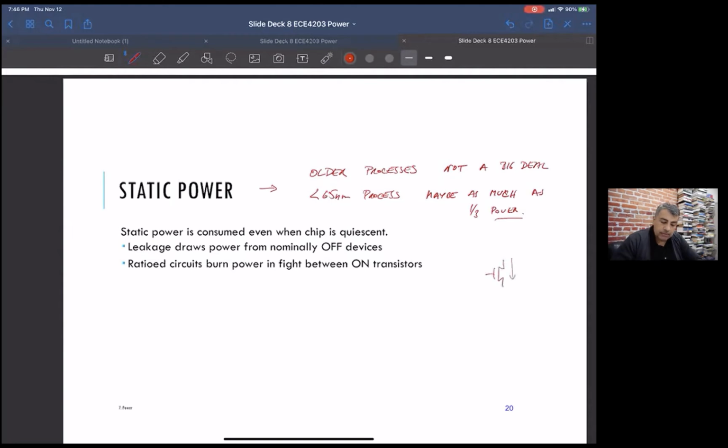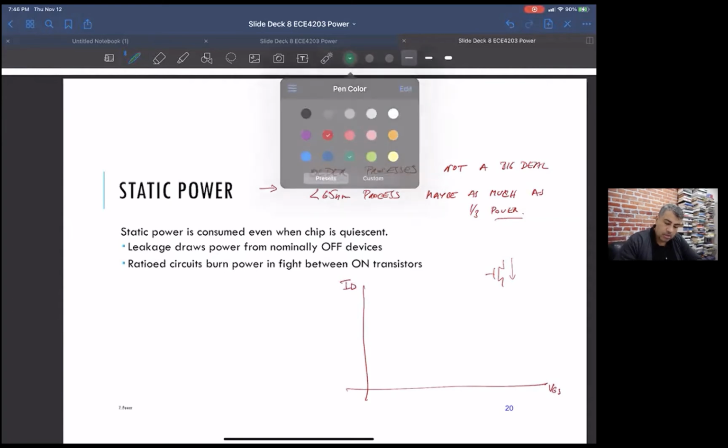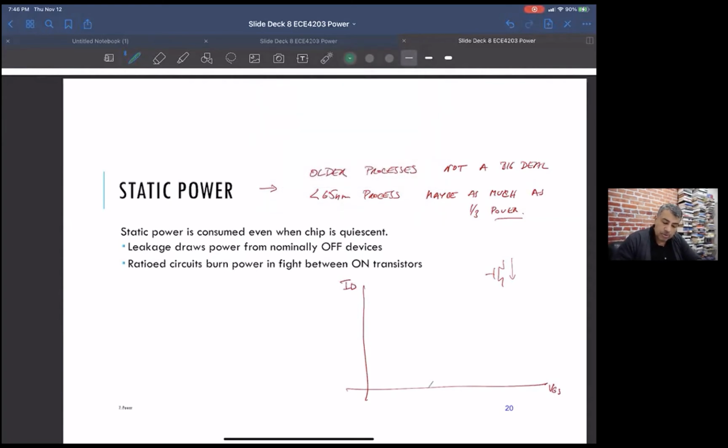If you look at gate-source voltage versus drain current, this is the gate source, mind you, log ID, you have it turns on at VT. That was our assumption.